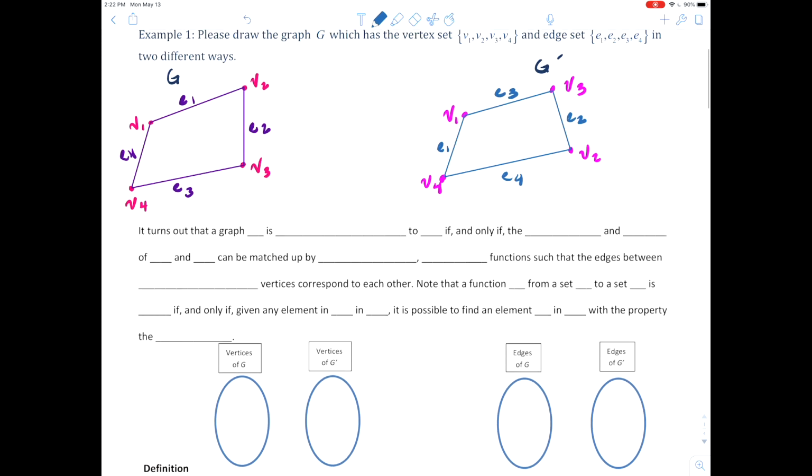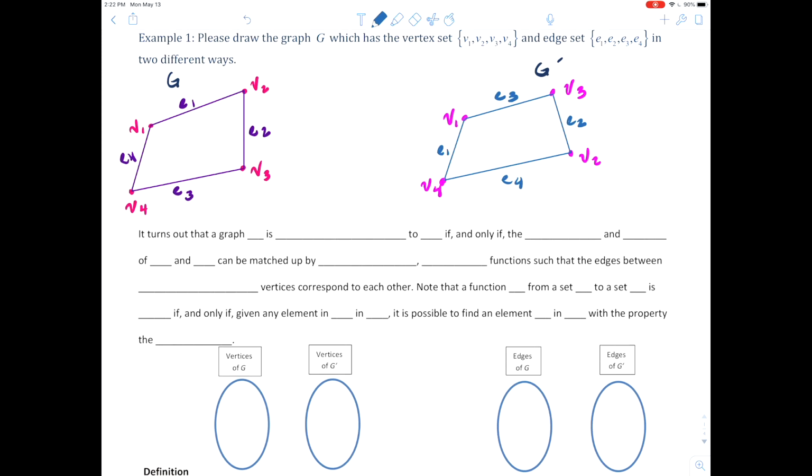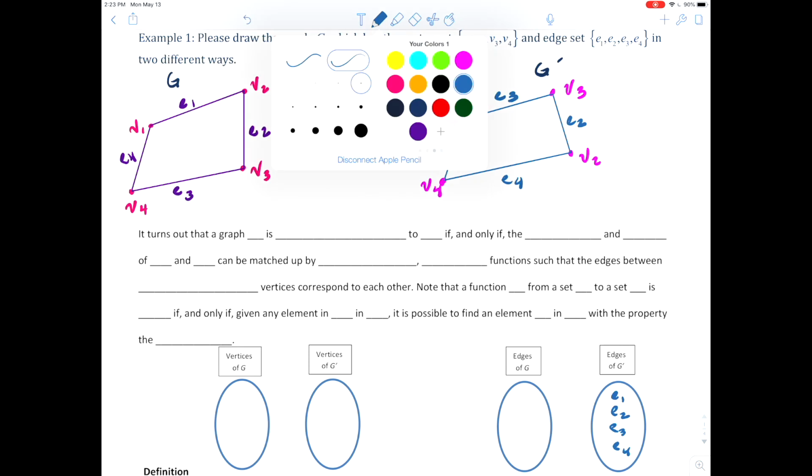All right, so let's take a look at the very bottom, where I have these different sets. So, I've got E1, E2, E3, and E4 from G prime.